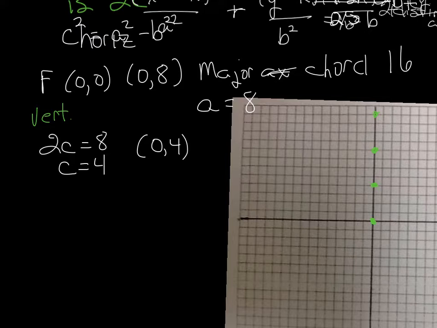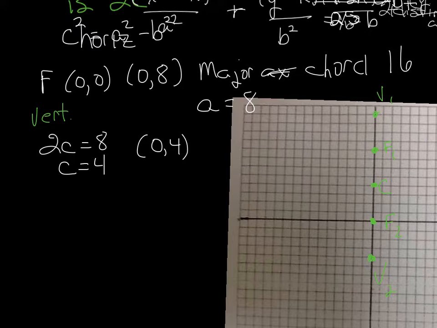There's the vertex. Here is my center. Those are the vertices that mark the major chord. And we know that because C equals 4, because A is 8. This is a focus. This is a vertex.